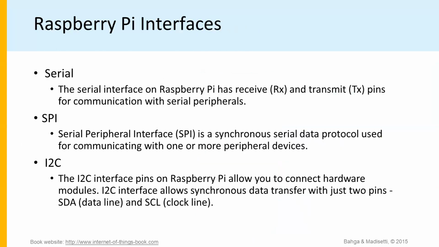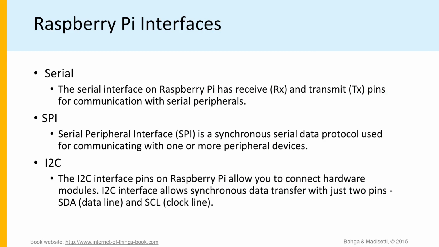As I told you, for interfaces, you have the serial interface, that is receive and transmit pins for communication with serial peripherals. Then you have SPI, a synchronous serial data protocol used for communicating with one or more peripheral devices. And then you have I2C, the inter-integrated circuit interface pins.